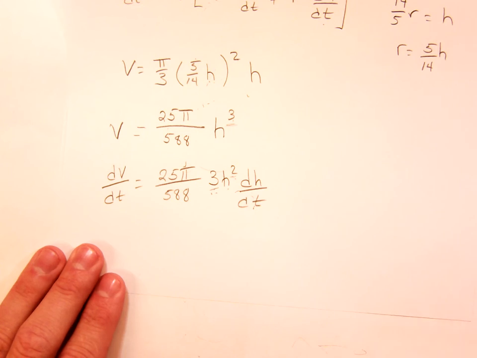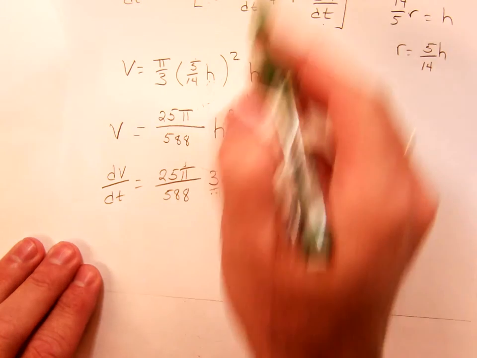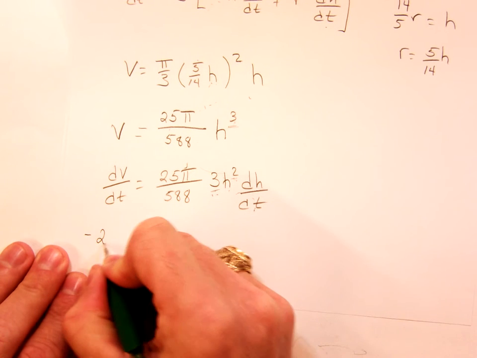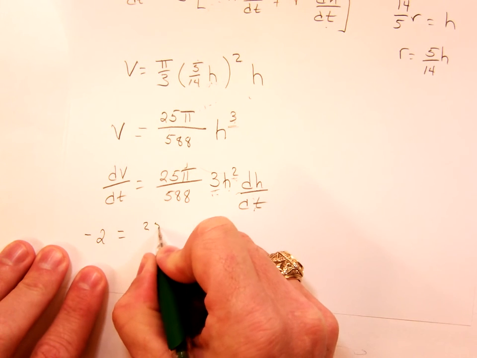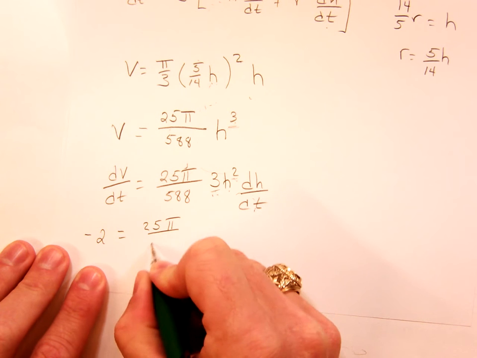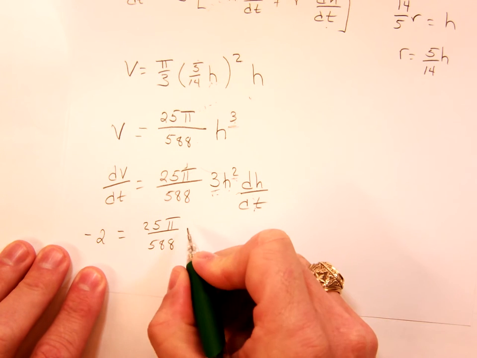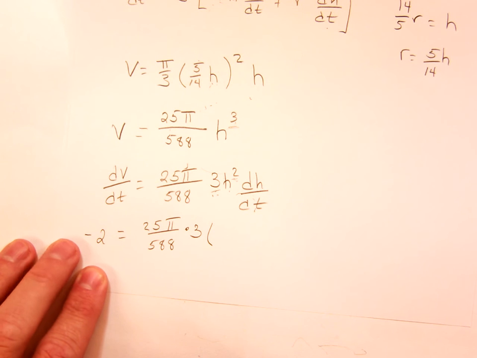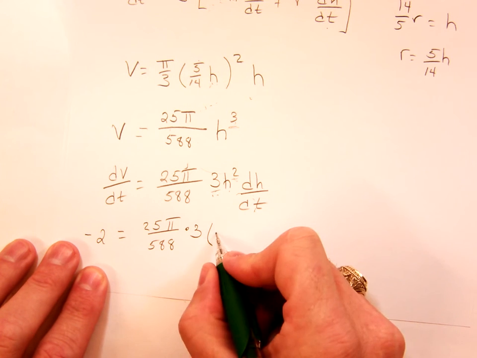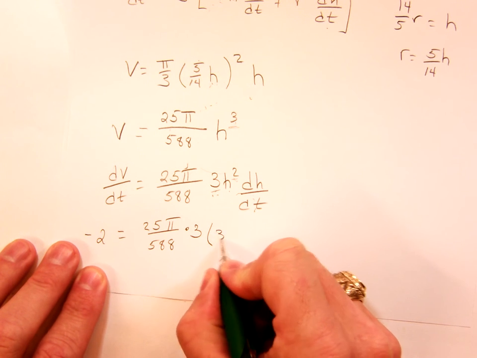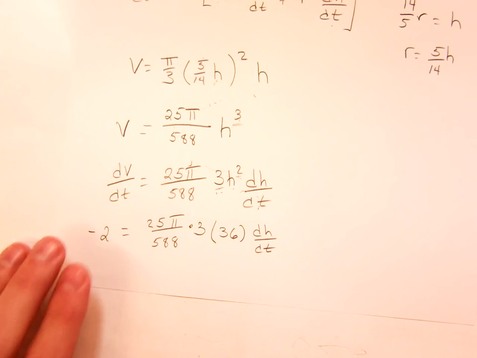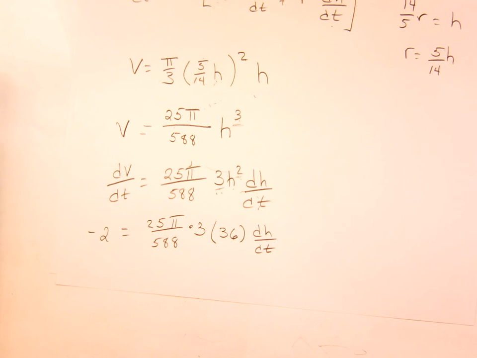Okay, well at this point we plug in what we know. It's leaving at 2 feet. So this is negative 2 is equal to 25 pi over 588 times 3 h. They tell me h, right? It's 6 squared, which is 36, dh dt. And now can I solve for dh dt? Yes.